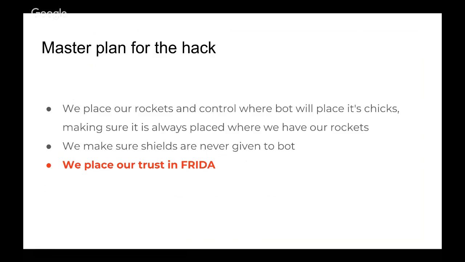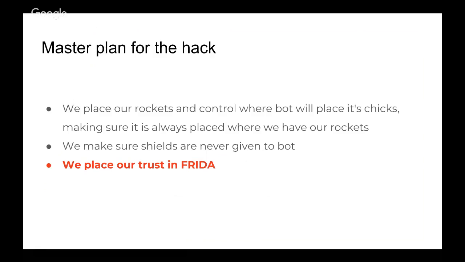If you remember a while back, I was saying it is counterintuitive to what we were thinking. The bot doesn't place its chickens first and then allow you to put your rockets. It is the other way around. You put your rockets, and then the bot randomly decides which specific grid locations it should put its chickens in, right? And that happens only after you have placed your rockets and clicked on the ready button.